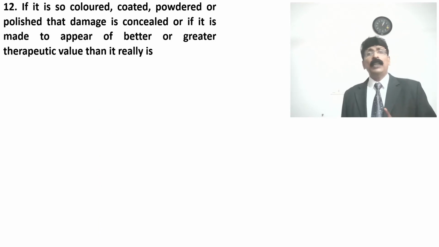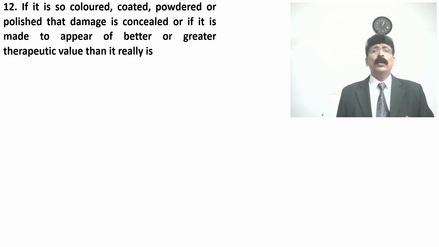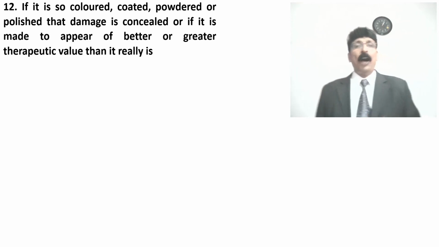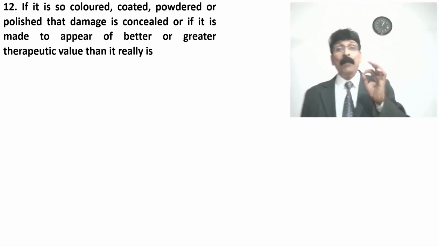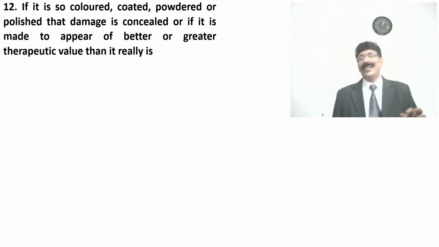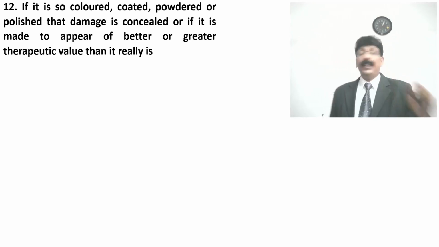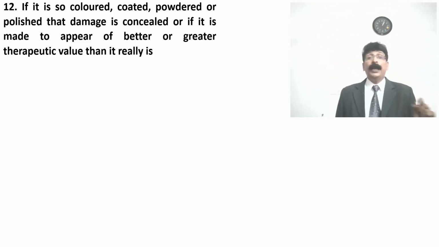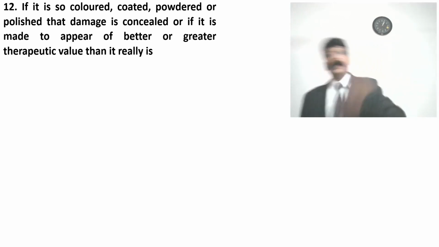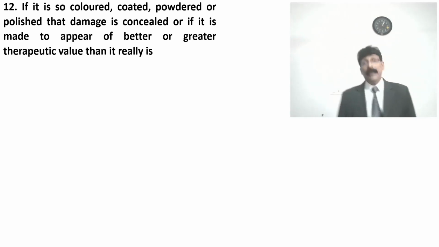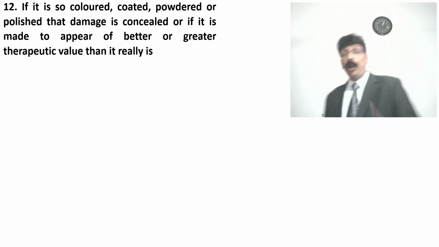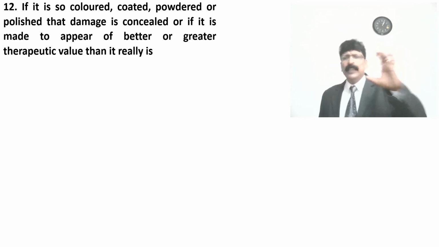And the 12th question: if it is so colored, coated, powdered or polished that damage is concealed, or if it is made to appear better and of greater therapeutic value than it really is, then it is called as what? You should read the question again and again.